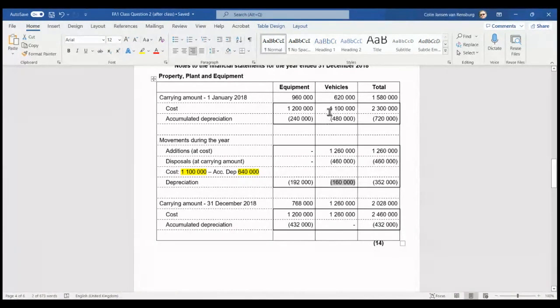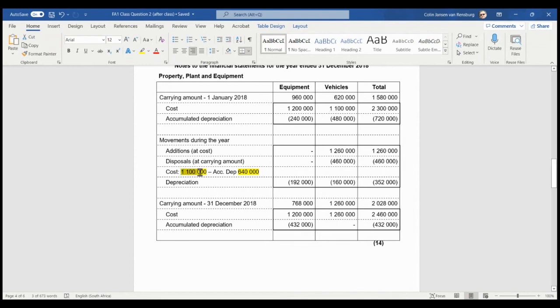So now what we have to look at, let's start with the cost. In fact, it might be easier for you to just go and have a look at the ledger accounts. We'll do that in a minute or two, but let's maybe do it this way first. So let us just look at the cost. At the beginning of the year, the cost was 1.1 million. What did we take out from the cost?